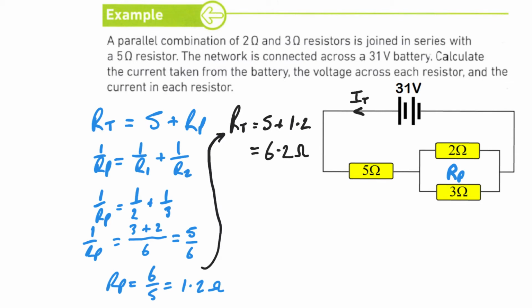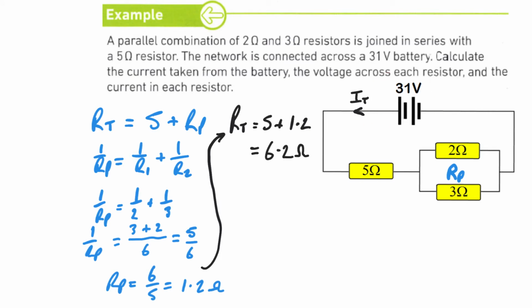They are interested in this total current. It says calculate the current taken from the battery. So that's this. And it's going to relate to the fact that we now know this total resistance. So Ohm's law will give us a resistance, voltage, current equation.